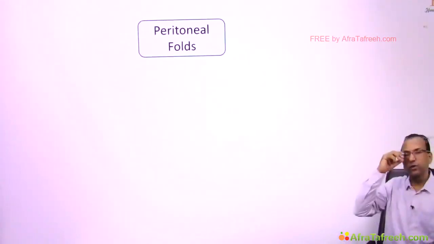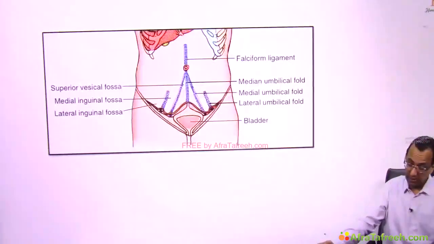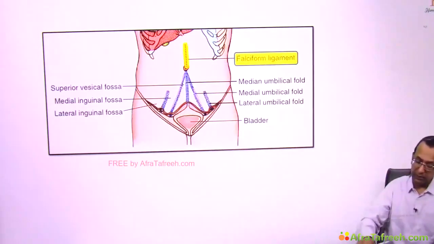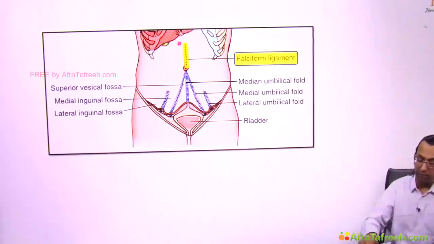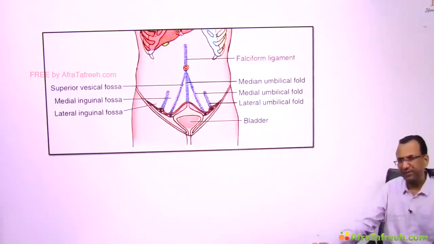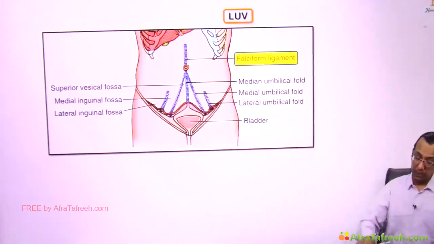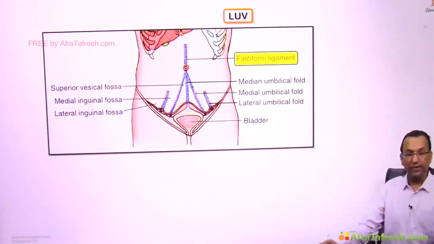Let us look at those peritoneal folds now, on the anterior abdominal wall. You will see that on the anterior abdominal wall, you have a falciform ligament, which is a double fold of the peritoneum coming from the umbilicus region and going towards the liver, carrying the left umbilical vein to the liver.